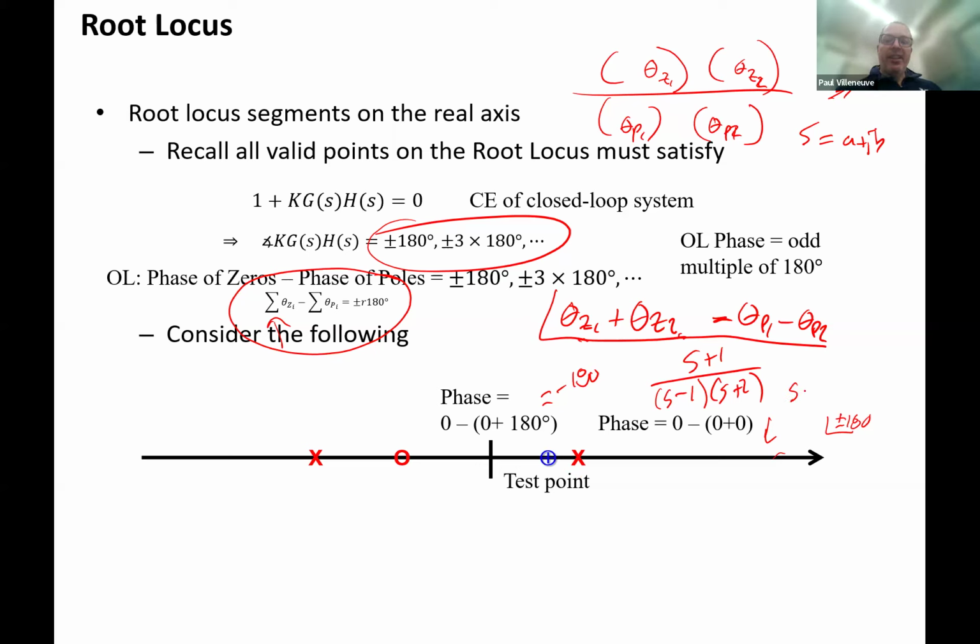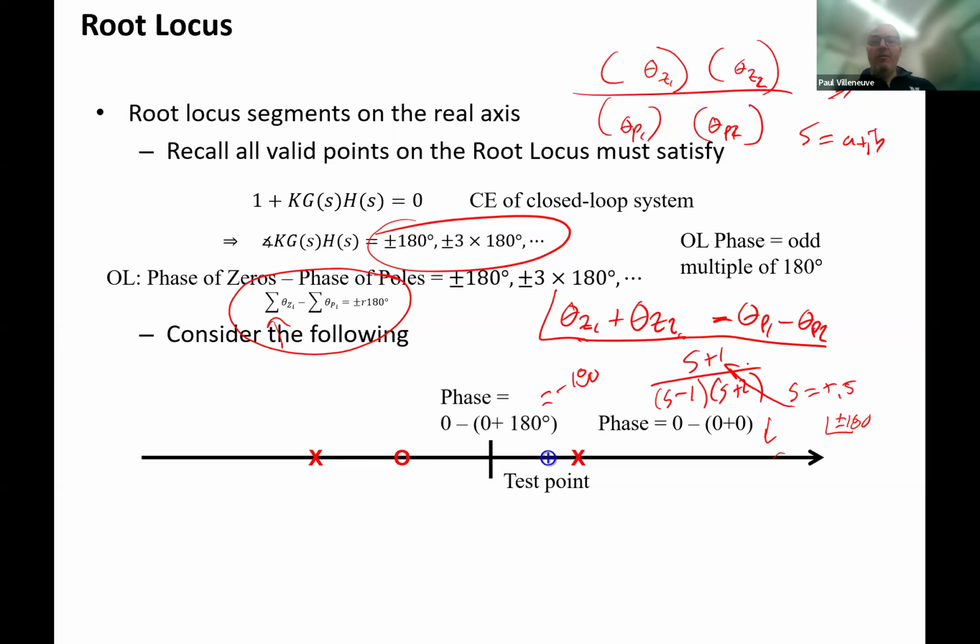So we're basically saying, let's just say s equals positive 0.5. We're just trying to figure out what the angles would be by plugging in positive 0.5 to here. What will the angle be in that? Everybody understand what I'm saying there?